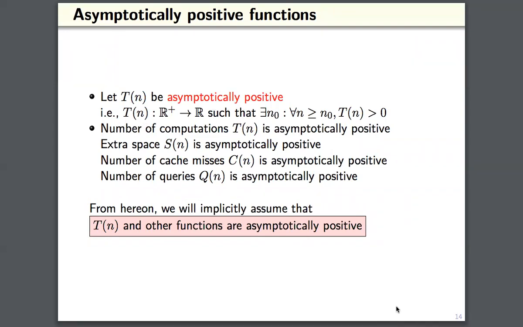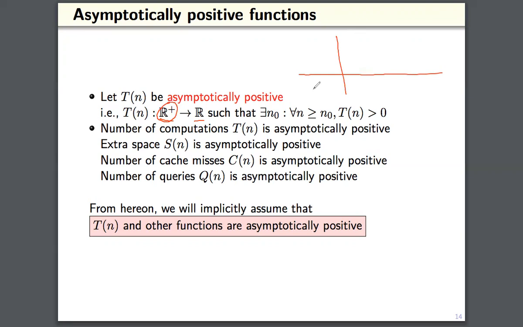T(n) is a function from R plus to R such that there exists n naught such that for all n greater than or equal to n naught, T(n) is greater than 0. What does this mean? See, T(n) is a function, right? It is defined for all positive reals.